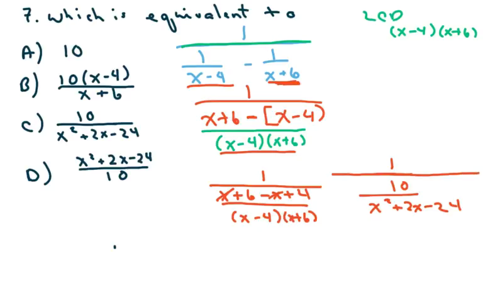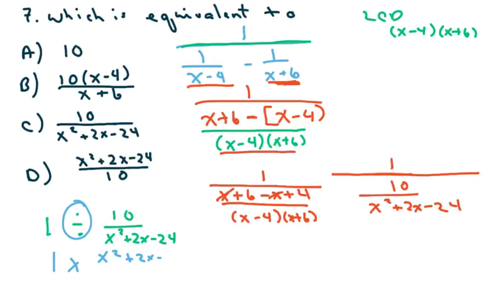Now remember, when you're dividing, this is 1 divided by 10 over x squared plus 2x minus 24. I remember in 4th or 5th grade that when you had something like this, you change that to a multiply, and you flip the numerator and the denominator. So you get x squared plus 2x minus 24 over 10.